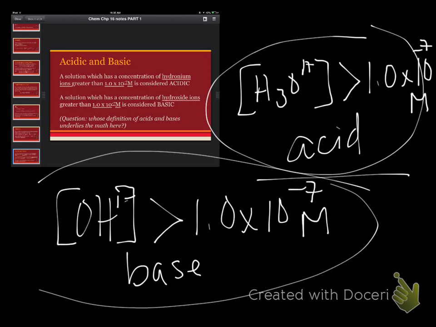This is old, traditional acid definitions. This predates Bronsted-Lowry. So this comes out of the Arrhenius definition of acids, where we're talking only about hydronium and hydroxide ions in solution.